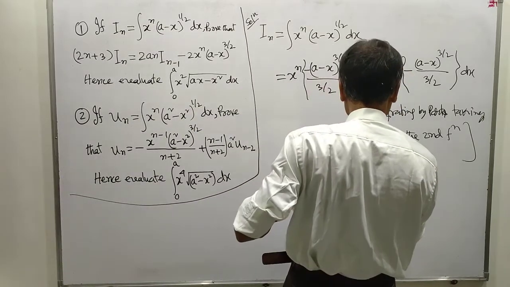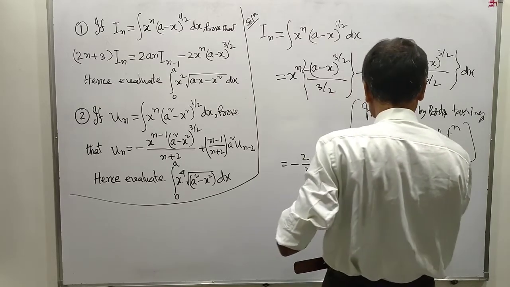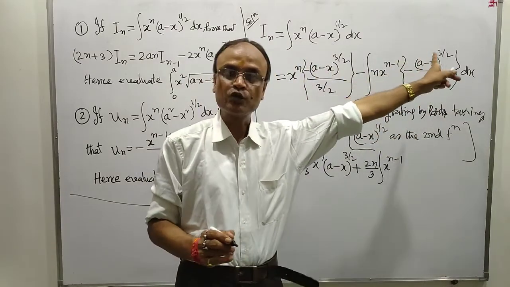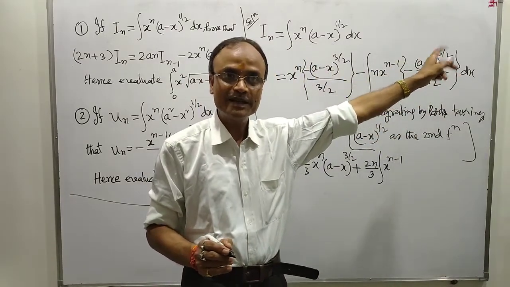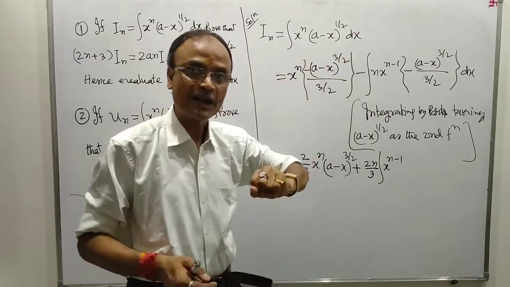Minus, this will be plus, and it will be twice n by 3 integral x to the power n minus 1 (a minus x) whole to the power 3 by 2. In the main integration, it is (a minus x) whole to the power half.